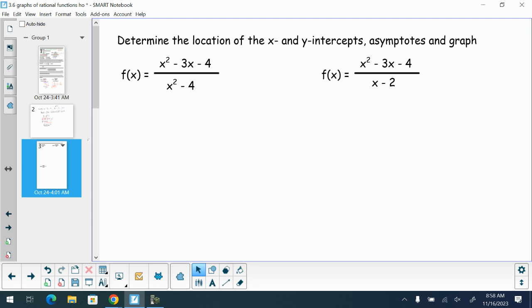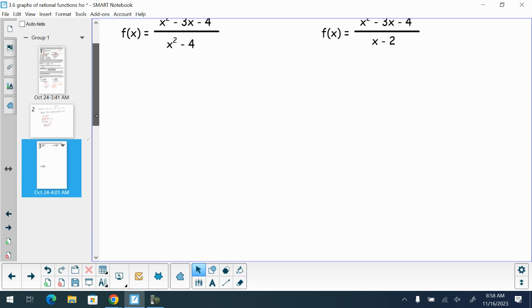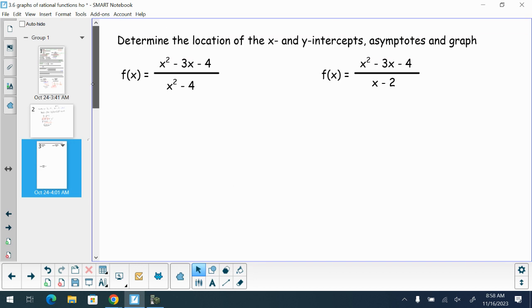Now, let's see here. Okay, if we take a look at the first one here, we have to determine x-intercepts, y-intercepts, vertical asymptotes, horizontal asymptotes, or oblique asymptotes, and get a graph down.